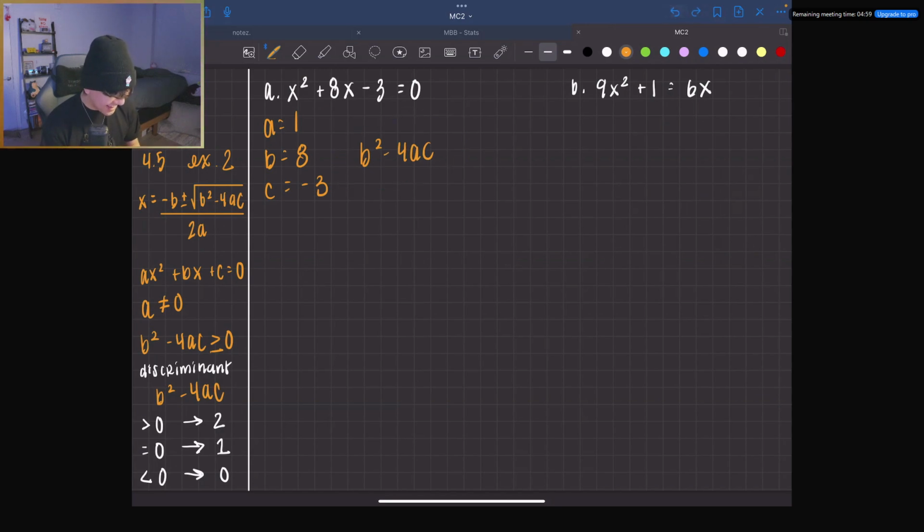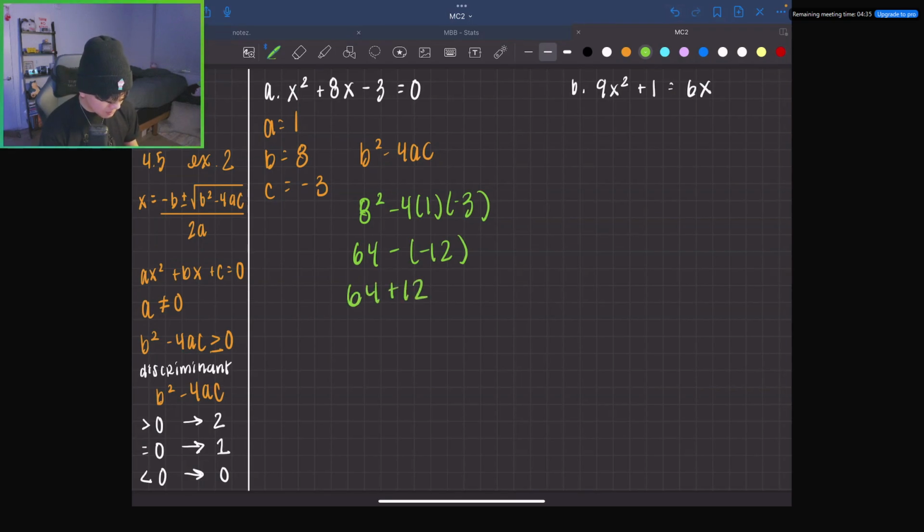Okay, so b squared is just going to be 8 squared minus 4 times a, which is 1, and c, which is negative 3. 8 squared is just 64. 4 times 1 is 4, and then 4 times negative 3 is negative 12. When we subtract a negative number, that is the same thing as adding.